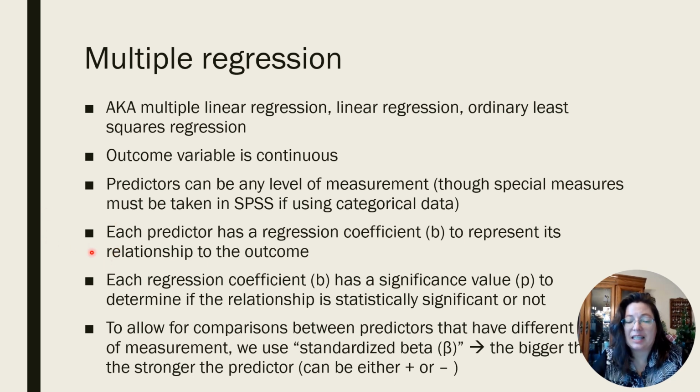Each predictor is going to have a regression coefficient represented by the letter B. That represents its relationship to the outcome variable. And you saw that within the regression equation, right? It's A plus B times X, where X is that predictor. As a result, each regression coefficient is also going to have its own significance value to determine if the relationship is statistically significant or not.